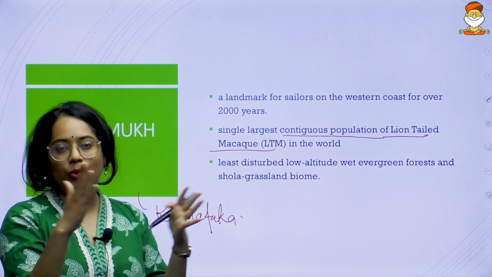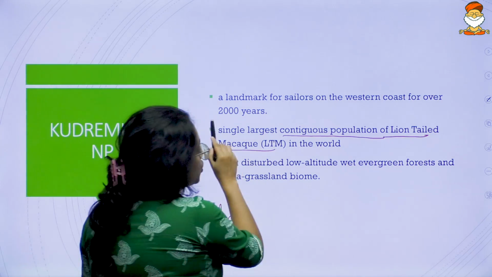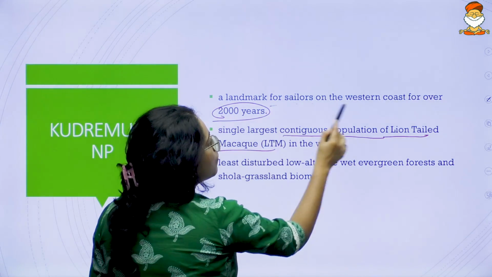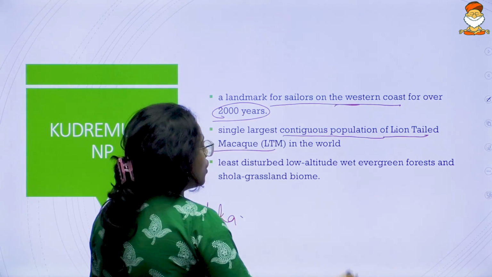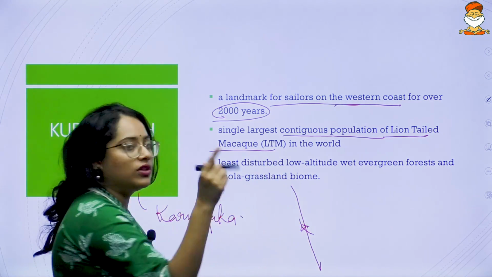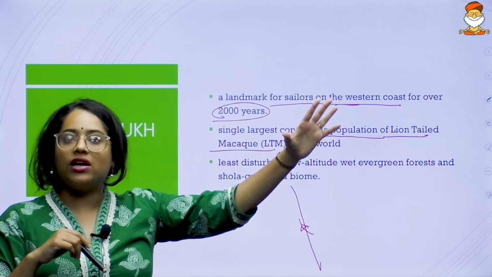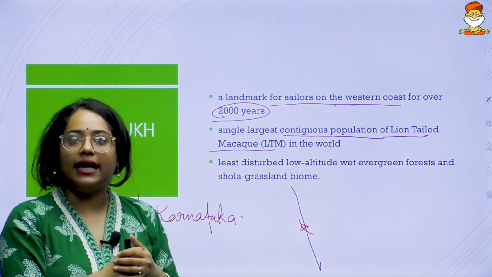Apart from that, there are quite a few other details about Kudremukh. Kudremukh National Park actually used to serve as a landmark for sailors on the western coast for over 2000 years. Seeing the lights of Kudremukh, it used to be a sort of signaling area for the sailors in that area.